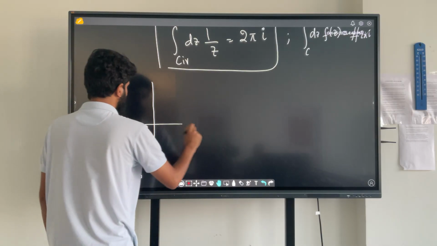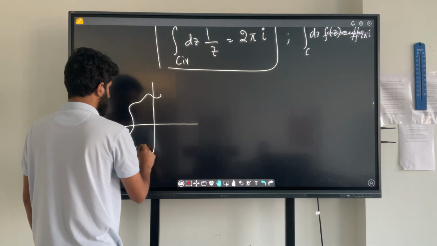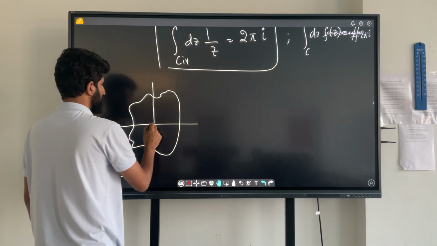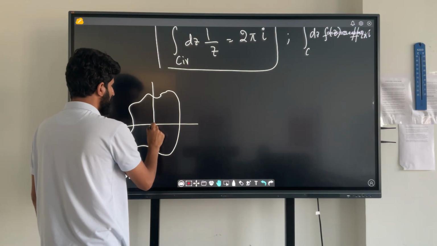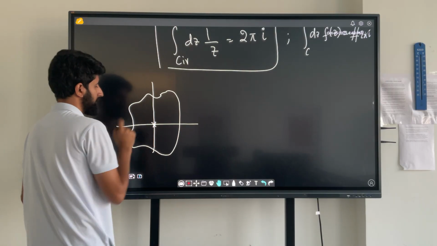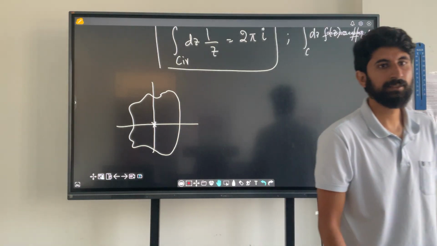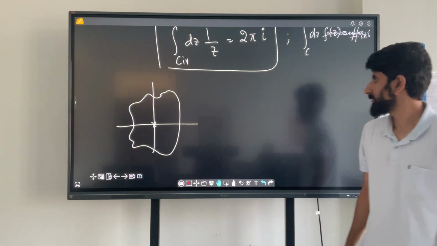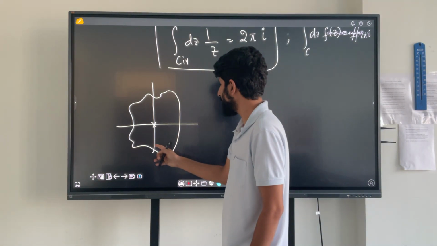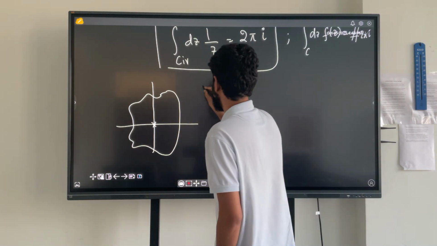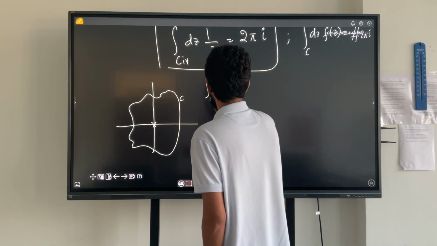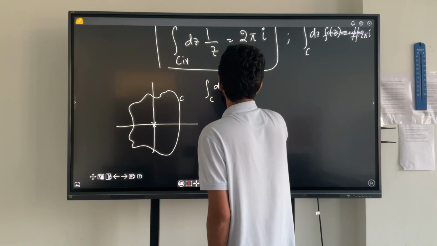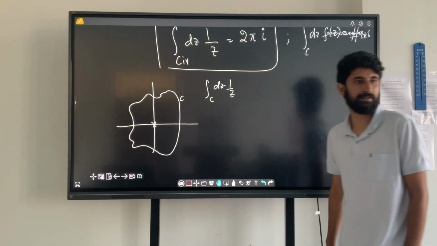So now I take some loop, some weird looking loop. The non-analyticity is here. The function is non-analytic here. So I want to know the integral over C of dz times 1 by z.